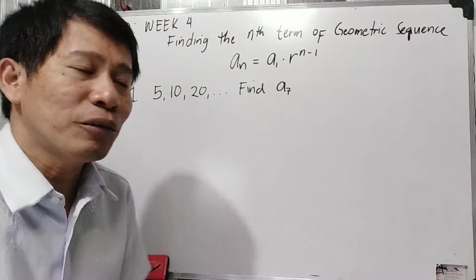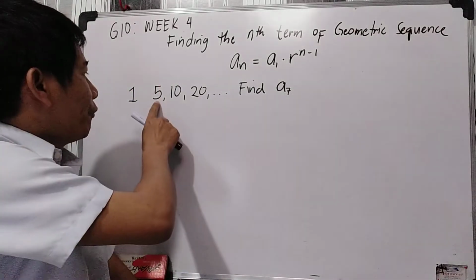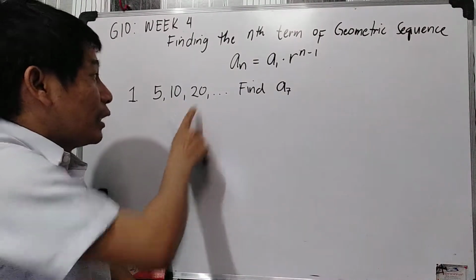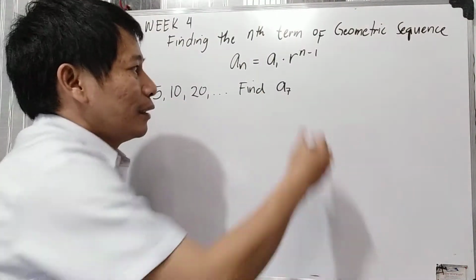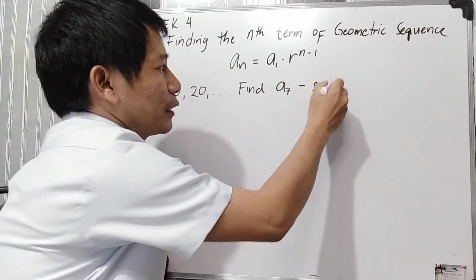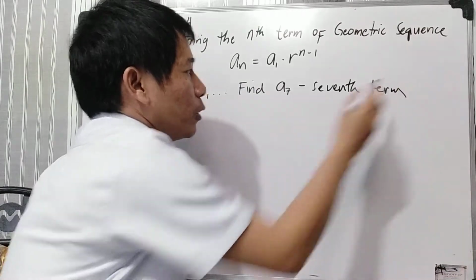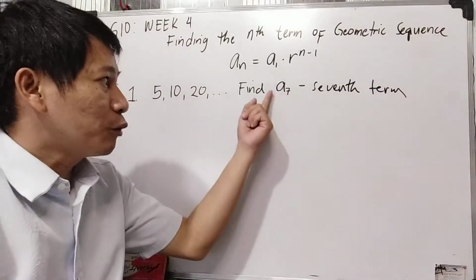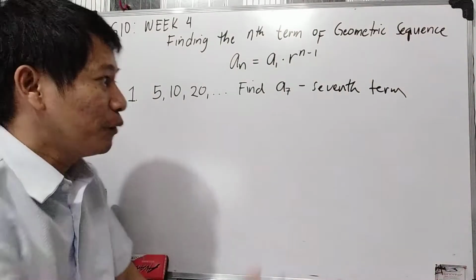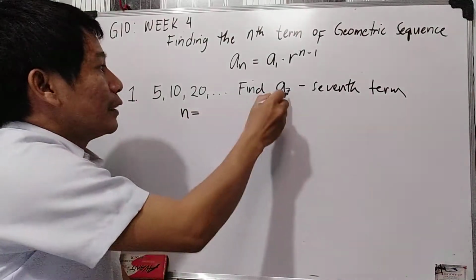So let us consider our example here of the geometric sequence 5, 10, 20, and we're going to find a sub 7. That means we're going to find the 7th term of this geometric sequence. Since we're going to find a sub 7, our n here is 7.